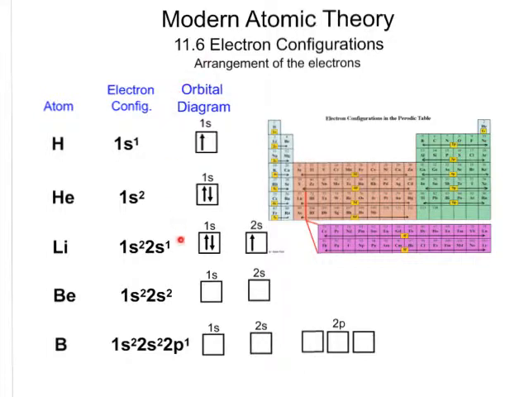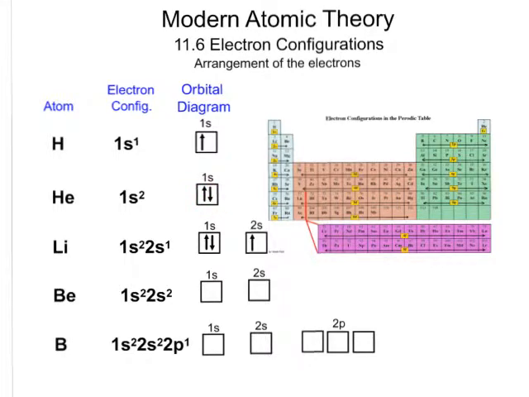Here I have written out orbital diagrams. And orbital diagrams look surprisingly similar to apartment buildings. And instead of representing each electron as a bean in a little circle, we're going to represent each electron as an arrow, either spin up, as in the hydrogen atom, or here there's one that's spin down.